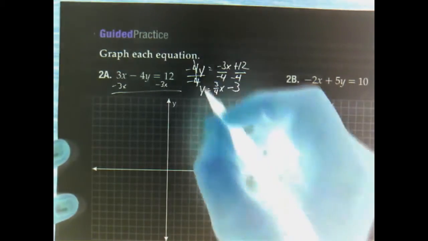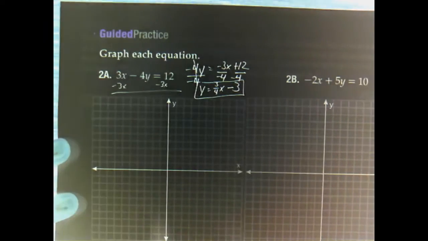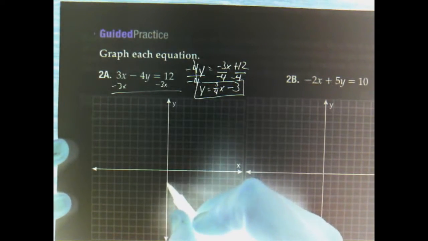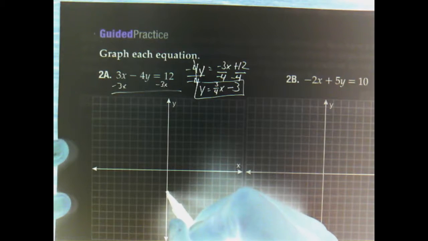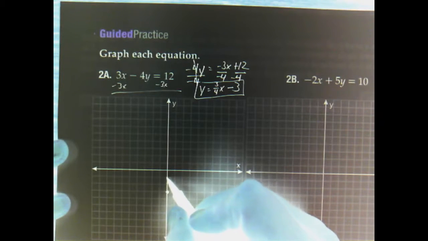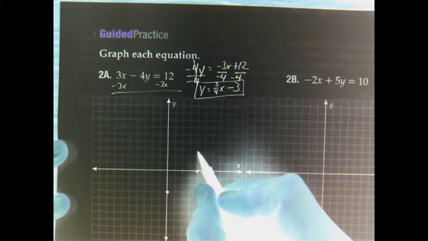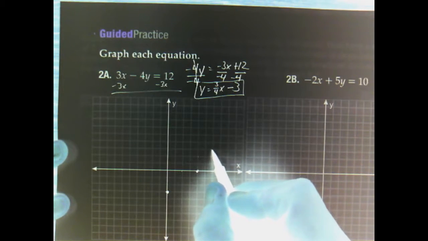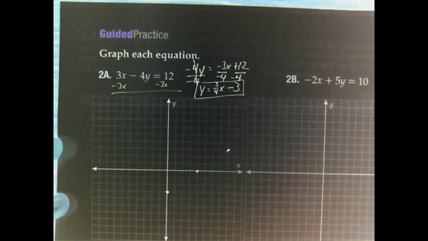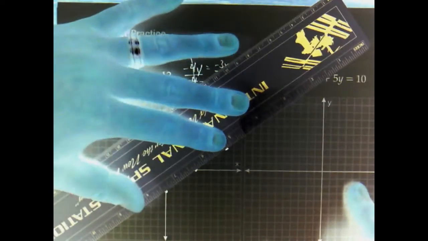To graph, I go down negative 3, 1, 2, 3. Up 3/4 for my slope. 1, 2, 3, 1, 2, 3, 4. There it is. And draw my line.